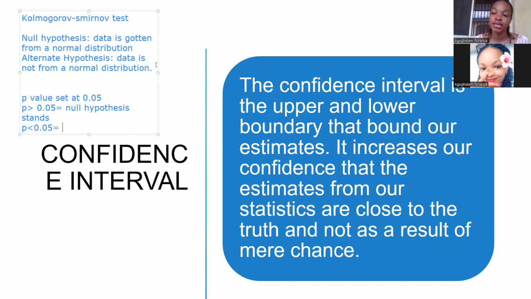I repeat, if P is less than 0.05, the deviations away from the normal distribution are large, so there is a less likely chance that our sample was drawn from a normal distribution. I'm just trying to establish ground rules. If our P is less than 0.05, we reject the null hypothesis.